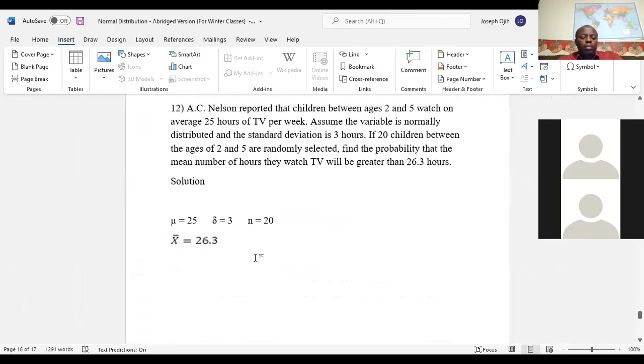Z equals x bar minus mean, divided by standard deviation over root n, which gives us x bar is 26.3 minus mean of 25, divided by standard deviation of 3 over square root of n.